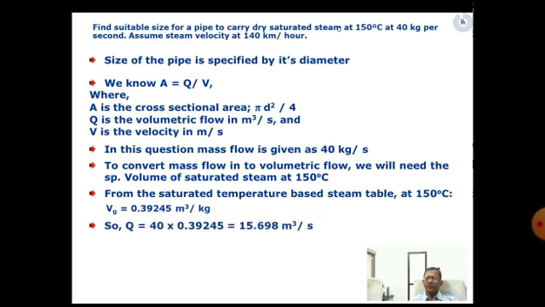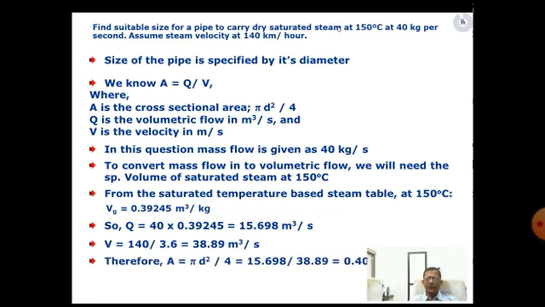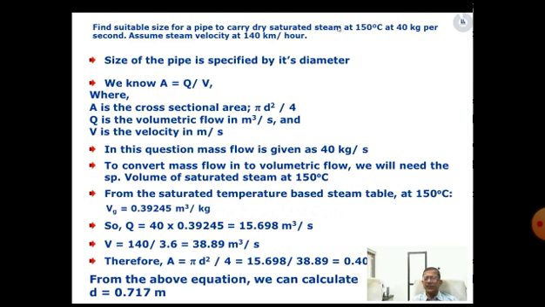We multiply mass flow by specific volume to get the volumetric flow in meter cube per second, and the velocity is given as 140 kilometer per hour. We convert that into meter per second by dividing by 3.6. Since Q and V are both known, we can find pi d squared by 4, that is the area, as 0.404 meter square. From there I can calculate d as 0.717 meter. You can very well keep the answer as 0.717 meter.